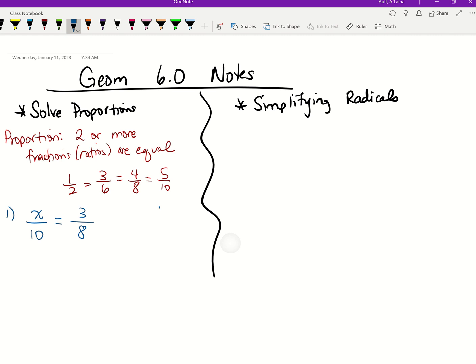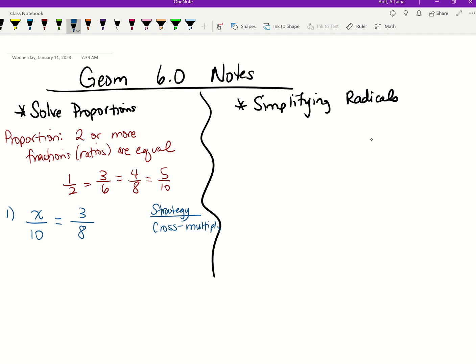The strategy that most people use is called cross multiplying.